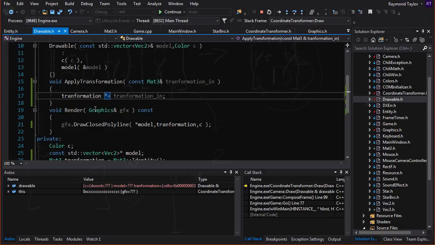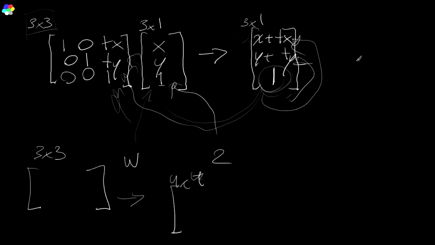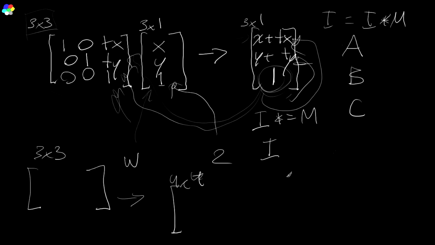But this is a problem. This is a very insidious problem, so let's draw it out for a second. Let's say we've got three transformations, A, B, and C. I start off with the identity matrix, and like I did in the code, I times-equals some matrix, so I equals I times M. First we're going to have I times A, right?